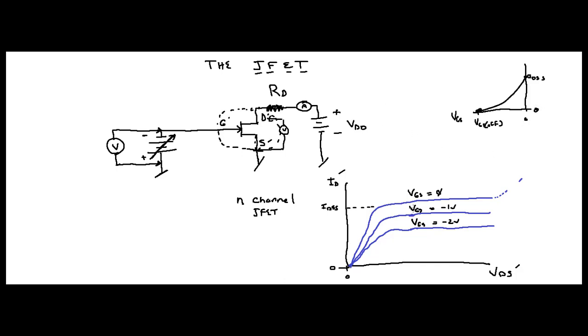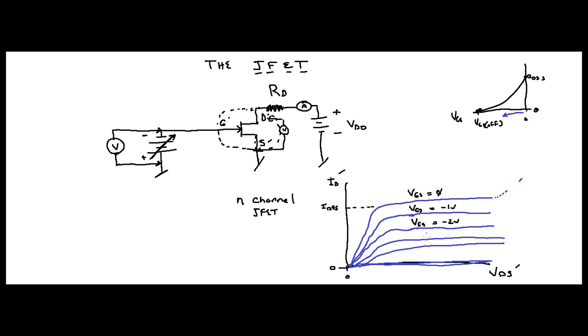So you increase the magnitude, which means you're actually headed this way, right? You're increasing the magnitude. The polarity is negative, but you're increasing it and increasing it until you hit that VGS point. Then your current is going to be right here. It's just going to be 0. So depending on the voltage you have, you can have all these lines. You're probably going to see this in literature. That's what they're talking about.